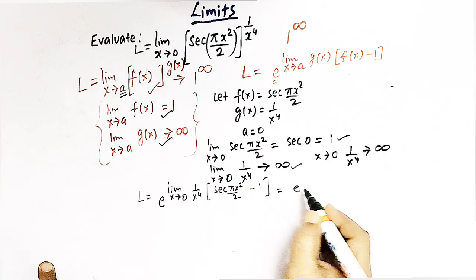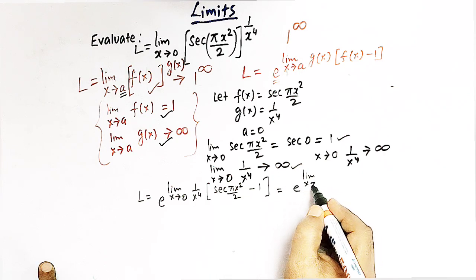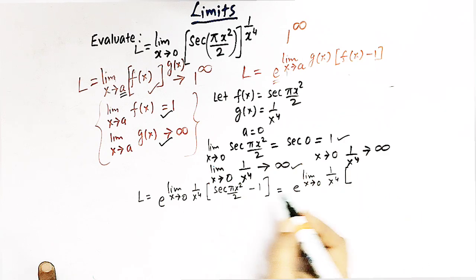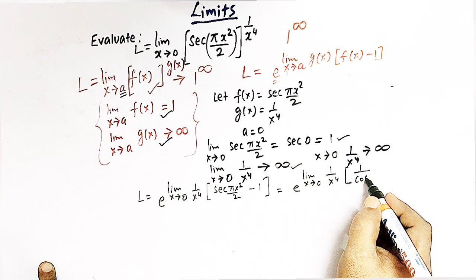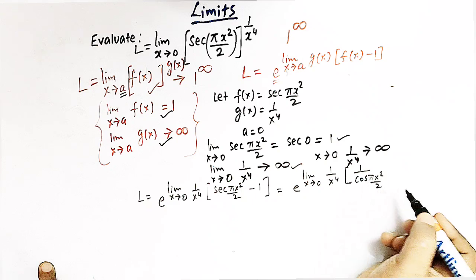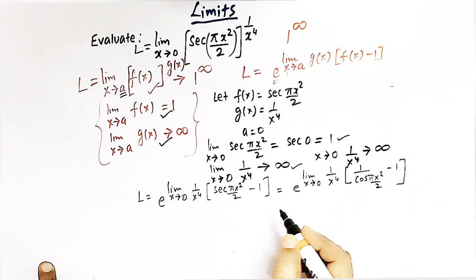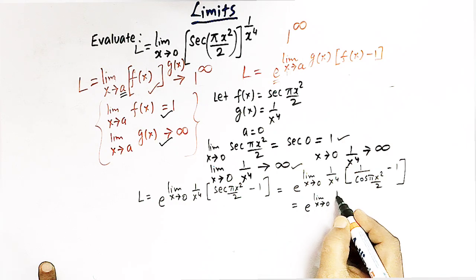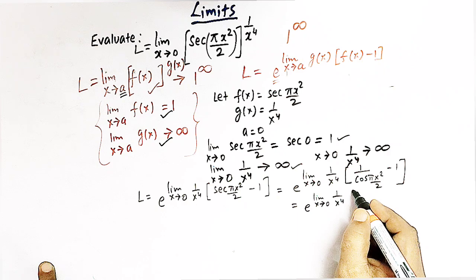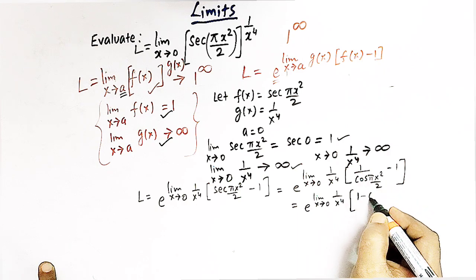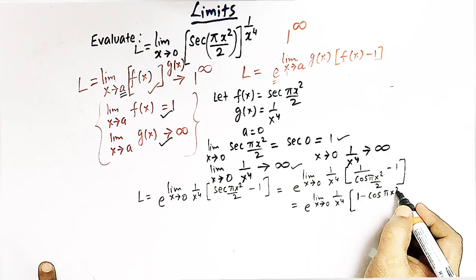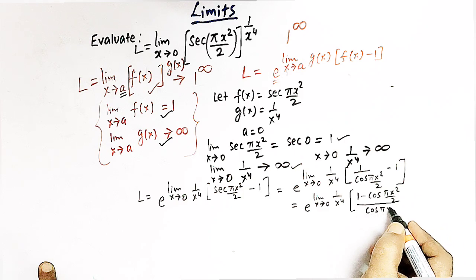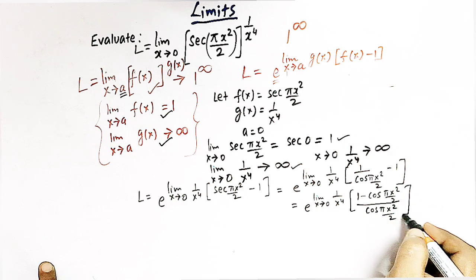Now we can simplify this expression. Limit x tends to 0, 1 over x raised to 4, and here we can write 1 over cos(pi x square over 2) minus 1. We can further write limit x tends to 0, 1 over x raised to 4, and here we can write 1 minus cos(pi x square over 2) divided by cos(pi x square over 2).